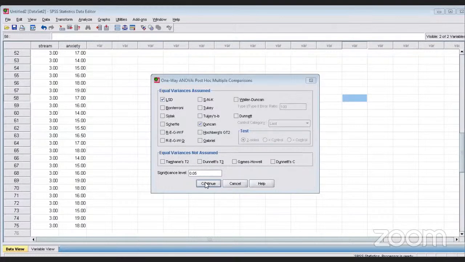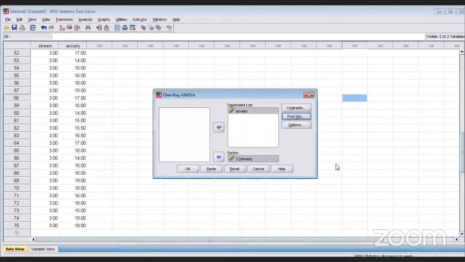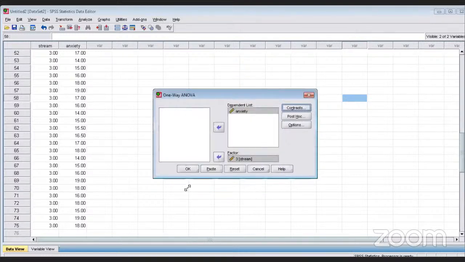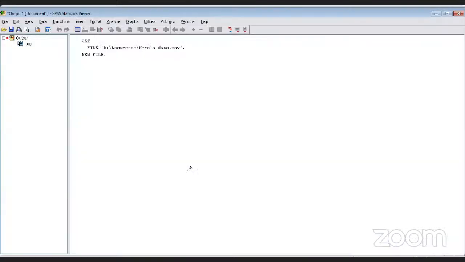I say continue. Now, in the contrast, this is polynomial. It is not to be used here because I'm not interested in finding the trend. I cannot find the trend. So we say okay.